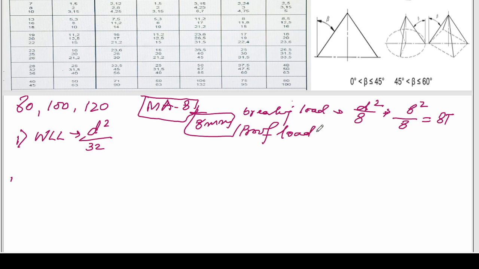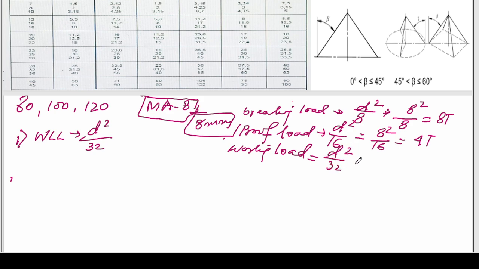Proof load is d square divided by 16, so it will be 8 square by 16, which is 4 ton. Next is WLL, the working load. Working load is calculated as d square by 32, so 8 square divided by 32 means 2 ton. Like this, working load is calculated.